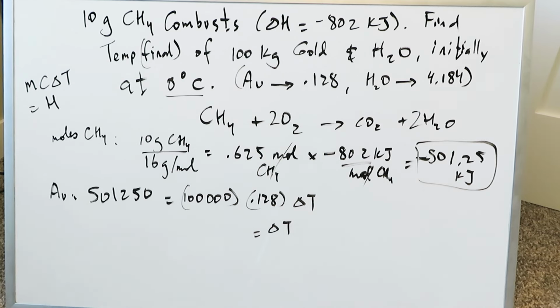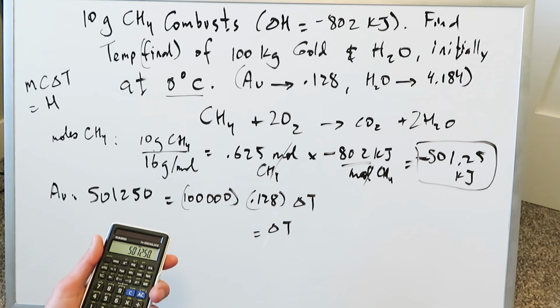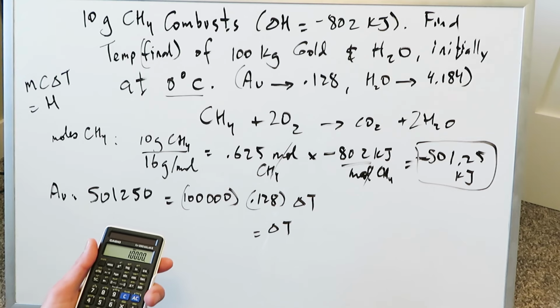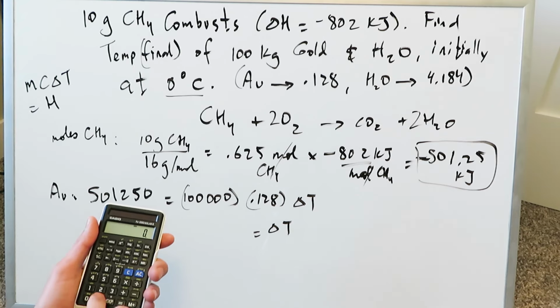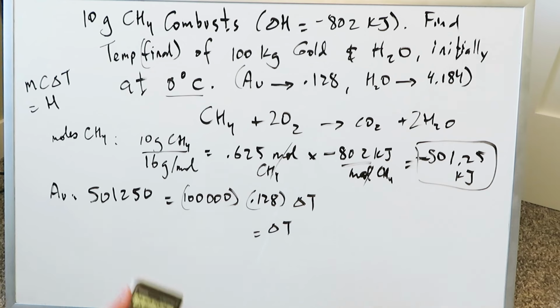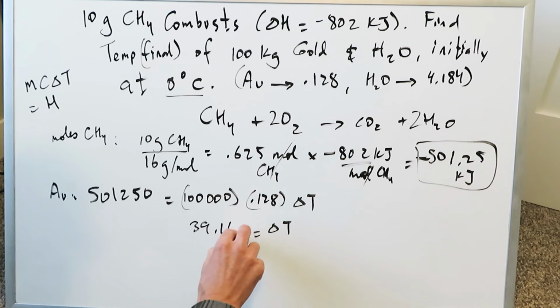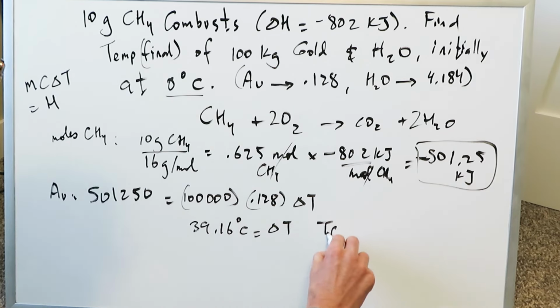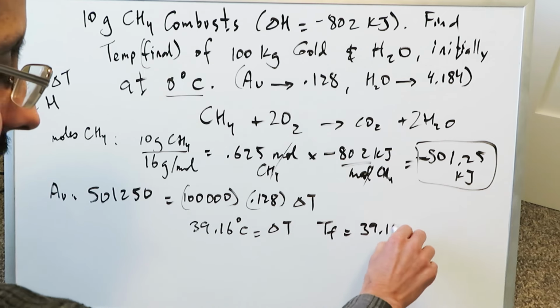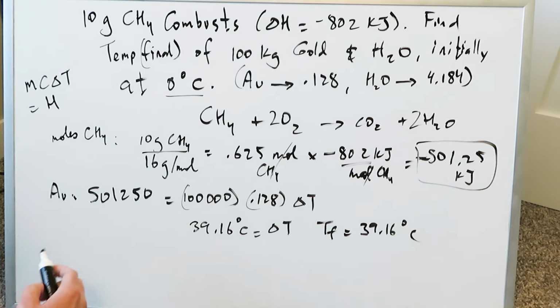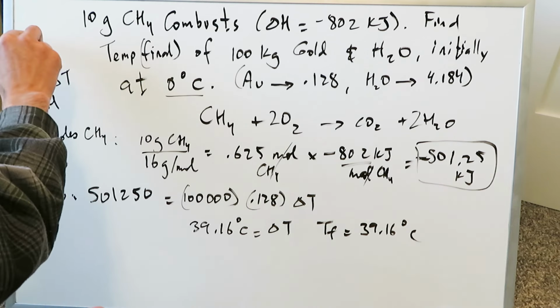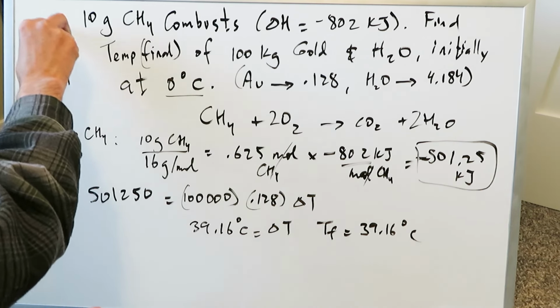As you can see, you'll do 501,250 divided by 100,000. And then you'll divide that by 0.128, and you get here 39.16 degrees Celsius. If they're initially at 0 degrees, then the final temperature here, TF for gold, will be 39.16 degrees Celsius, and that's done. We can save that value here, 39.16 for gold.